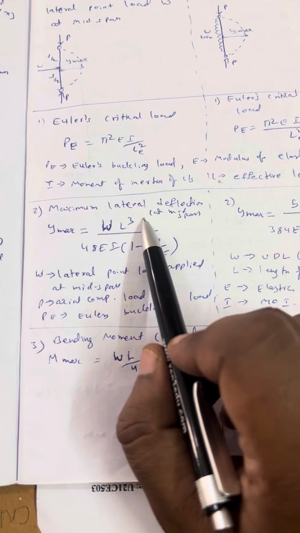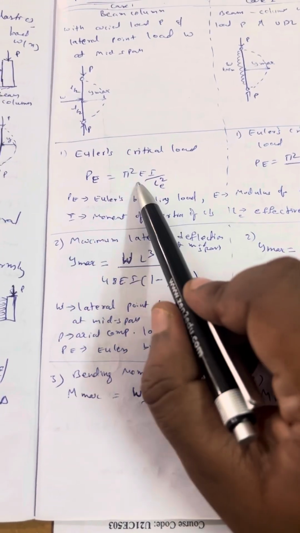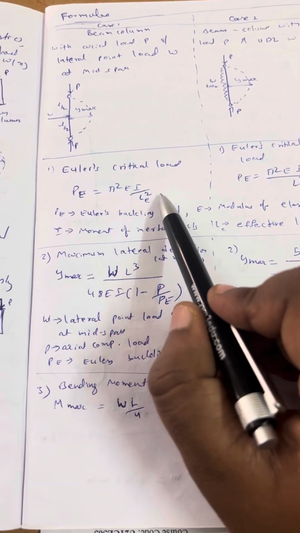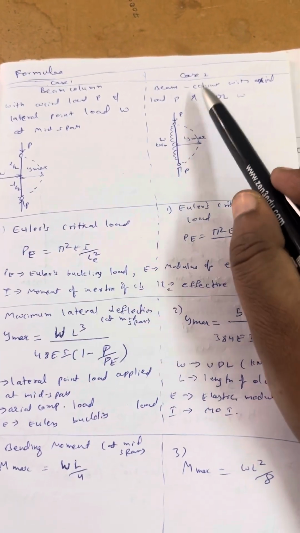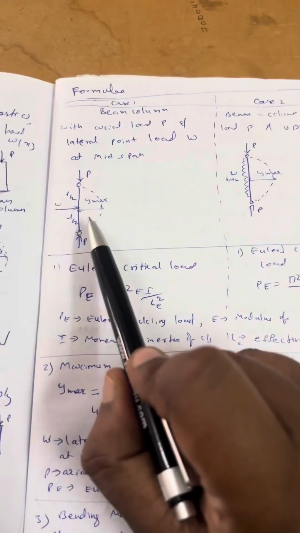For this case, Euler's critical load formula is the same: PE = pi^2 EI / LE^2. Comparing both cases, this is the UDL case, and this is your Ymax.